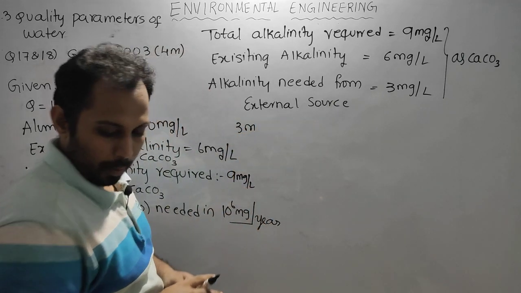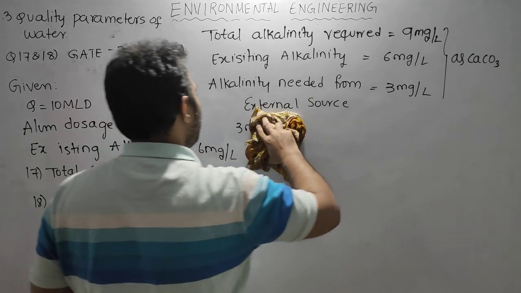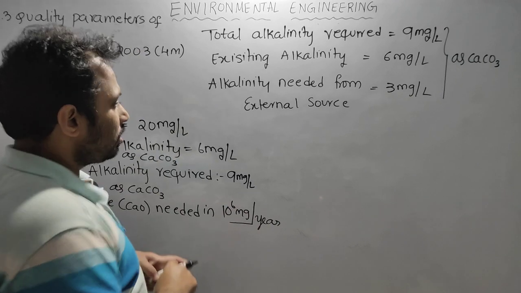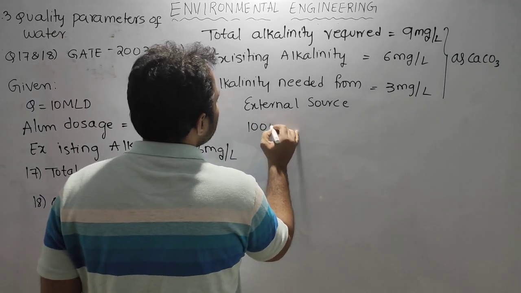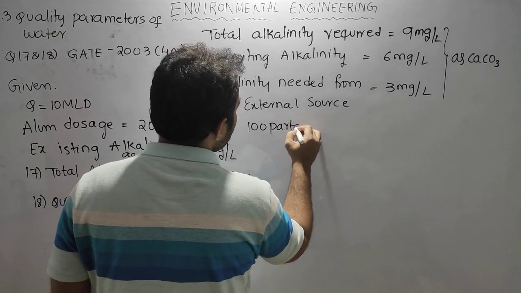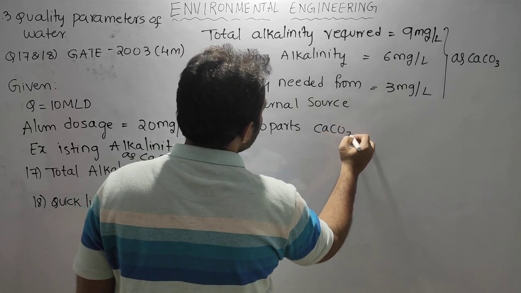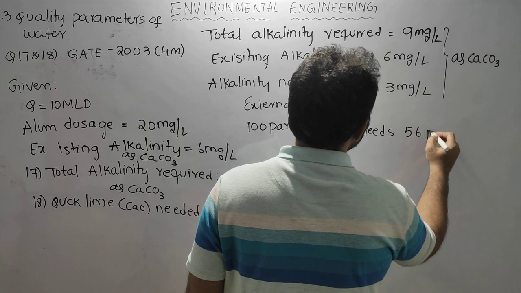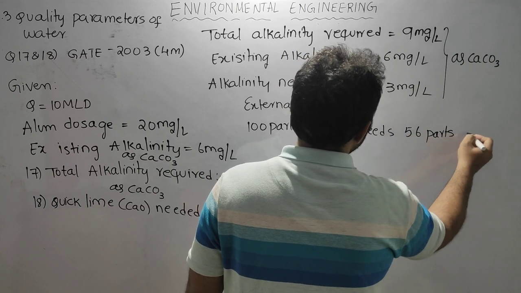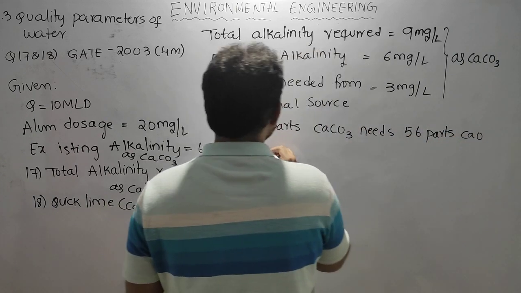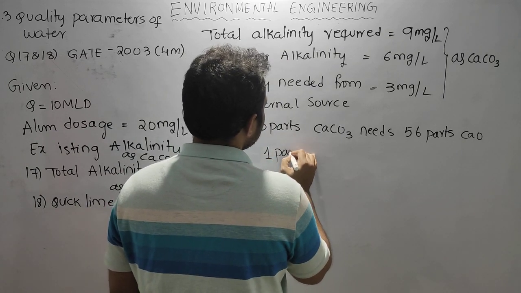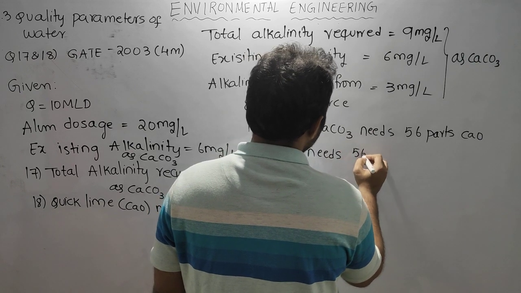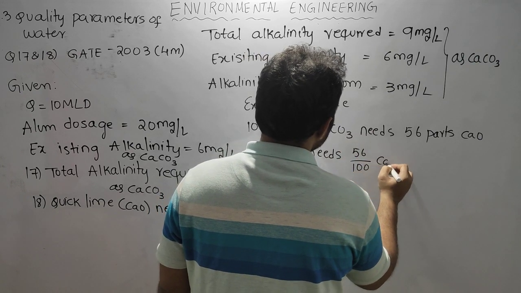So here 100 parts of CaCO3 needs 56 parts of CaO. So one part needs 56 by 100 CaO.